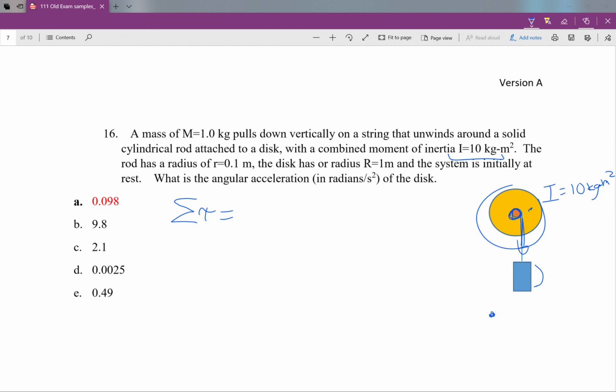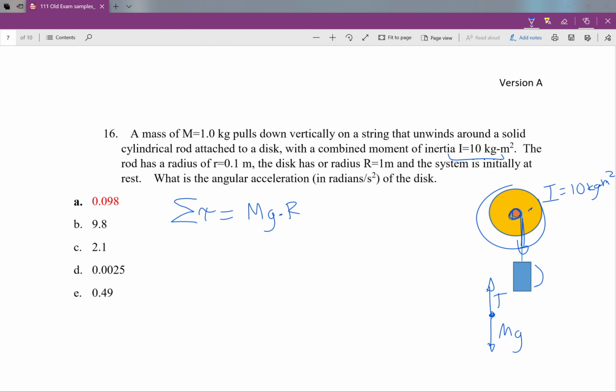Okay, and if we do a free body diagram for this, we know that tension is equal to mg, right? So the mass that's pulling this down times the gravity. So we can say that the torque is going to be mg times the radius r, F cross r, the radius of the disk.